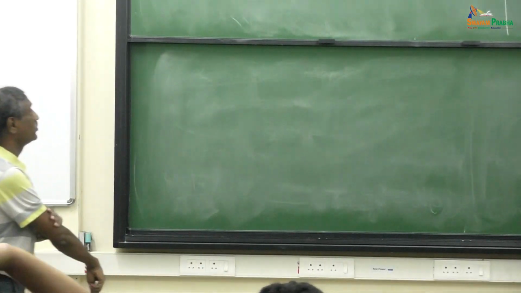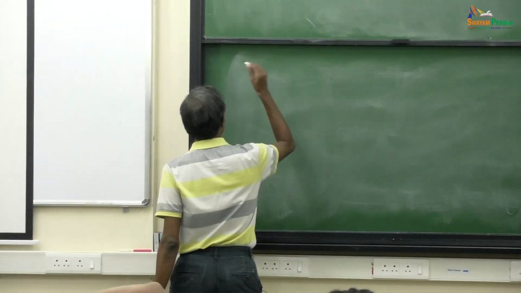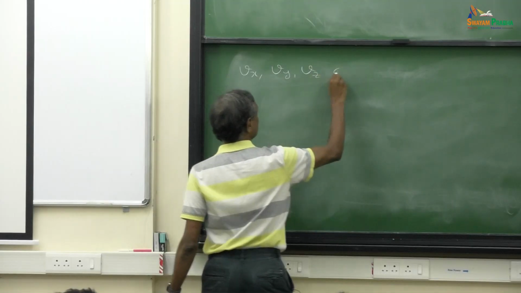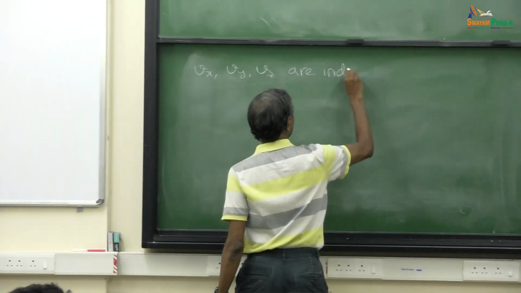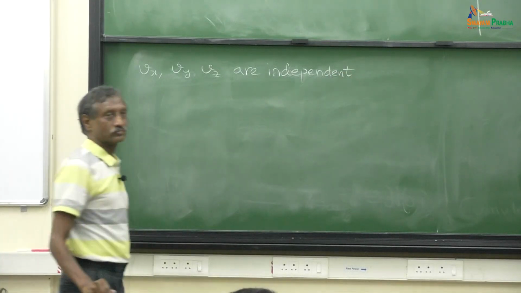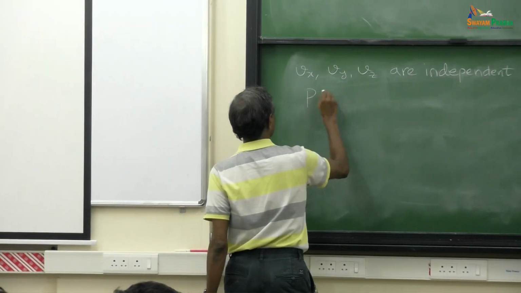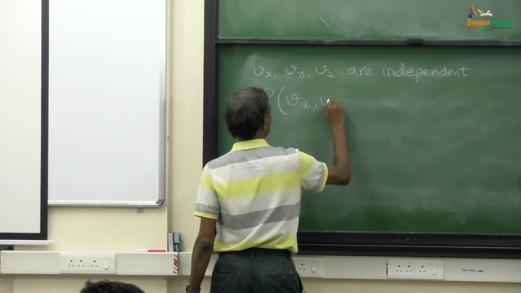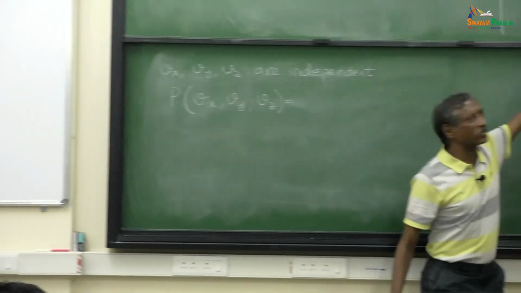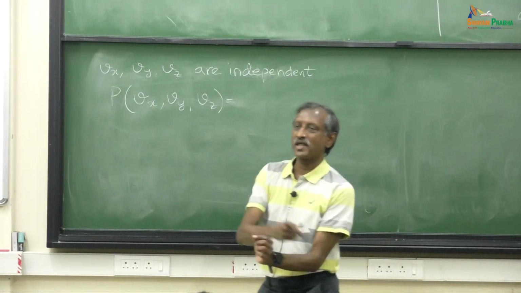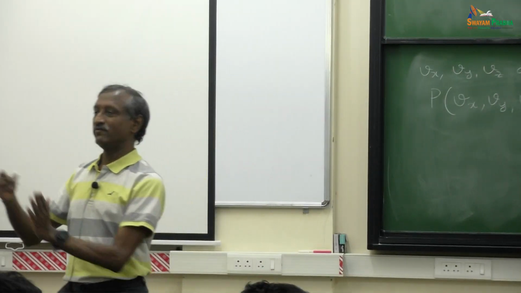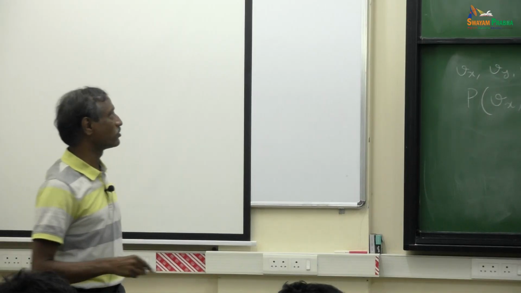Okay, so then we will write something like this. Here I hope you understand what I mean: Vx lies between Vx and Vx plus delta Vx, Vy lies between Vy and Vy plus delta Vy. So that gives you the probability.